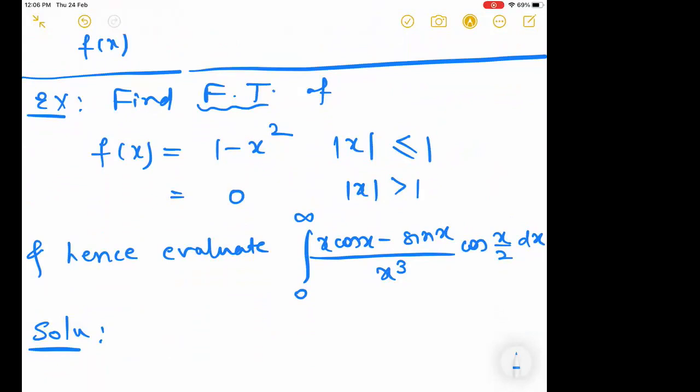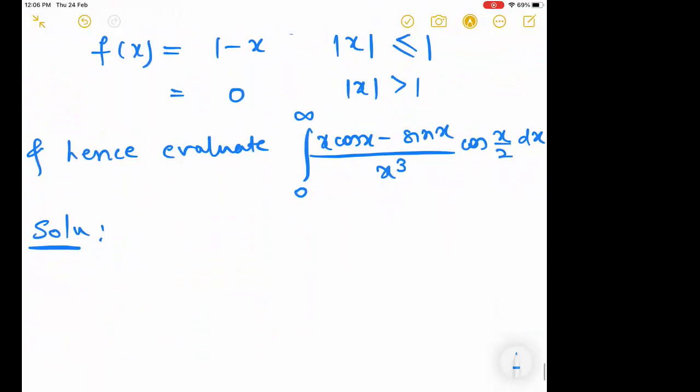Even though a Fourier transform is asked, if you can identify the function is even, your calculation task somewhat reduces, if it is a cosine or sine transform result. Otherwise, we have to go with the Fourier transform definition. So in this case, let us first find out whether the function is an even function or an odd function.